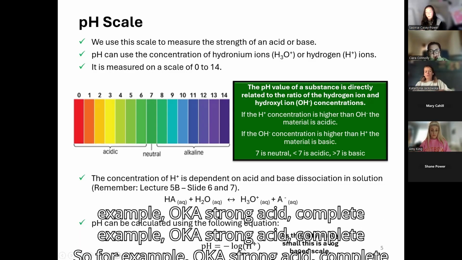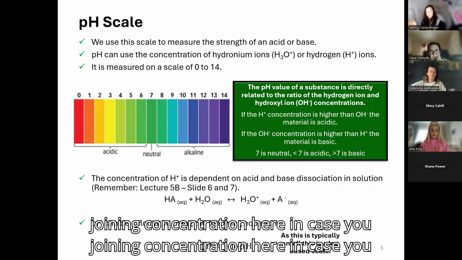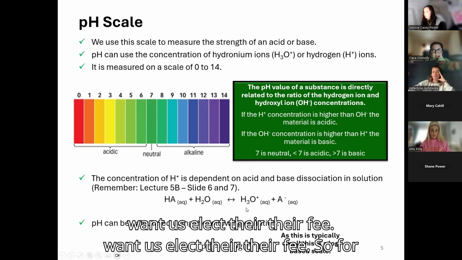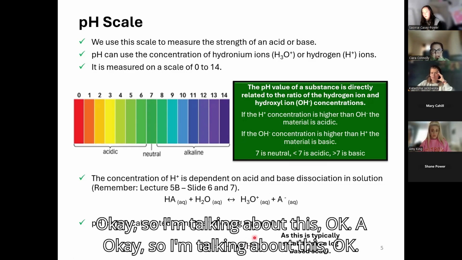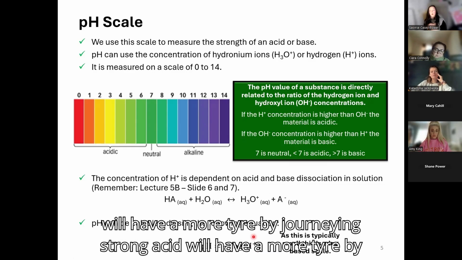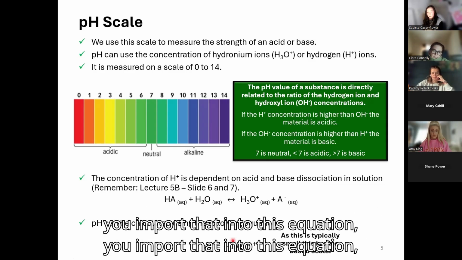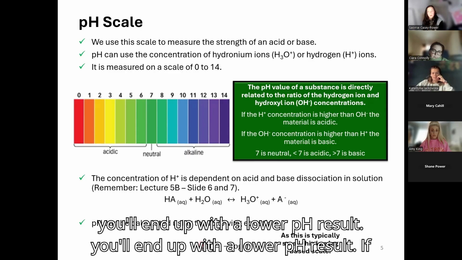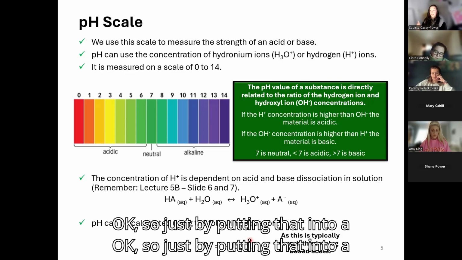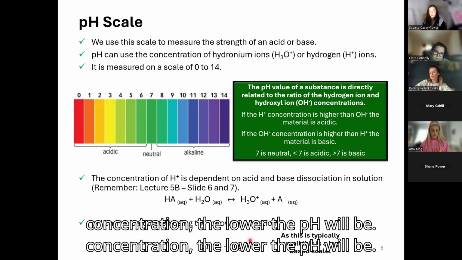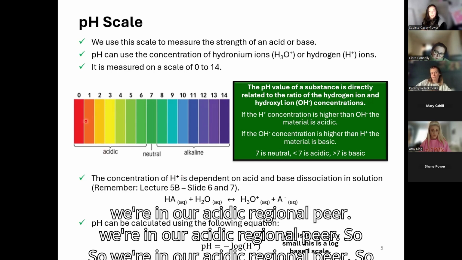For example, a strong acid, with complete dissociation, will have a much higher hydrogen ion concentration. If you input that into this equation, you'll end up with a lower pH result. The higher the hydrogen ion concentration, the lower the pH will be, so we're in our acidic region up here.